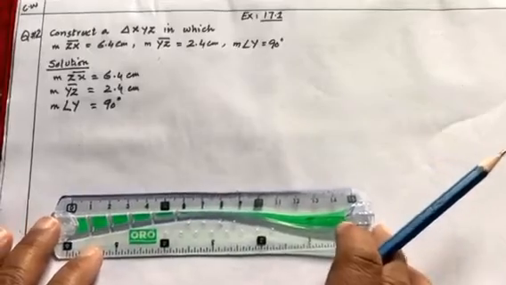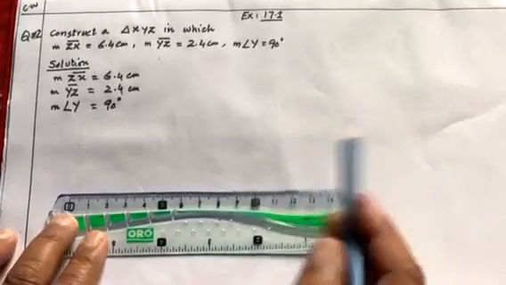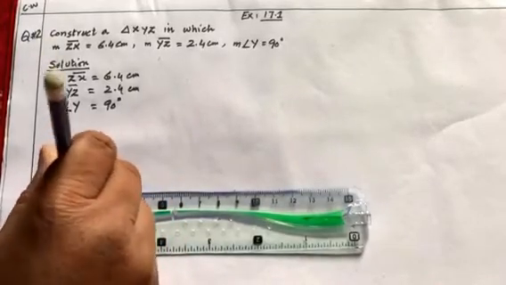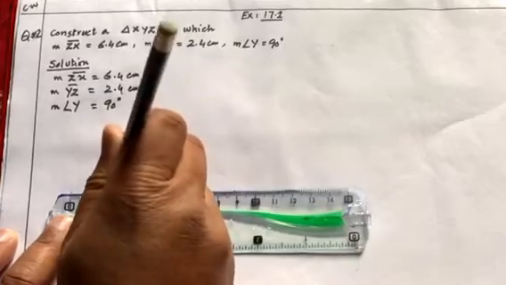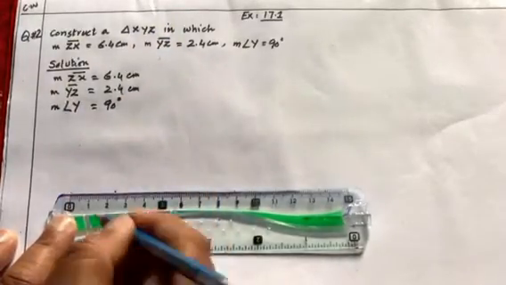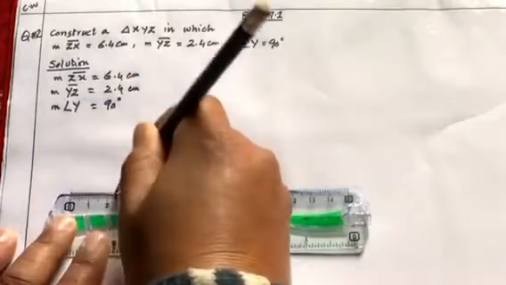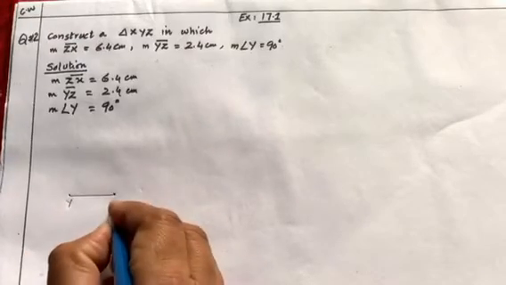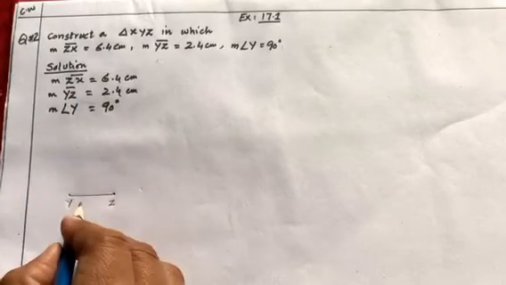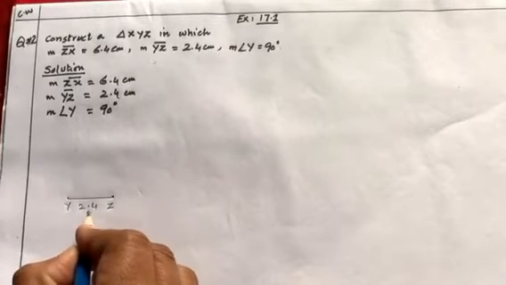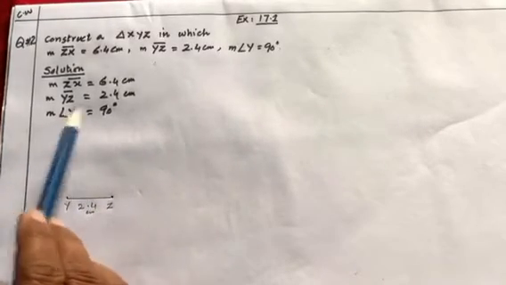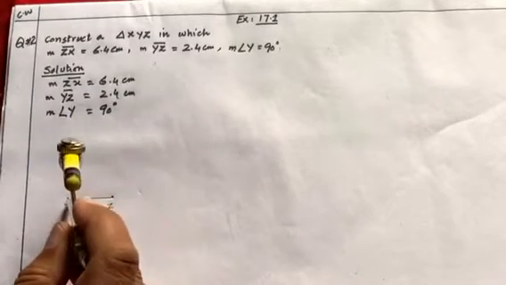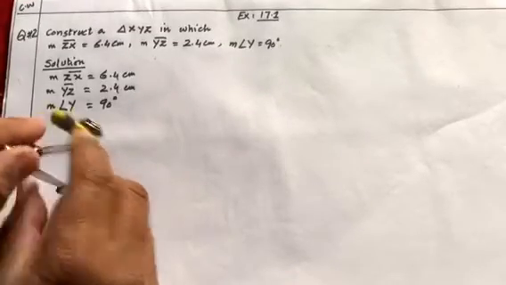First of all, we will draw the line of 2.4 centimeter, from 0 to 2.4, and give it the name YZ, which is 2.4 centimeter. Now we will draw an angle of 90 degrees at point Y by taking the compass.